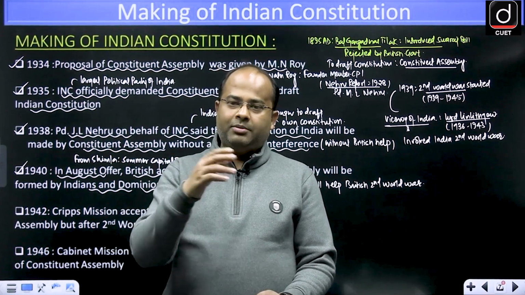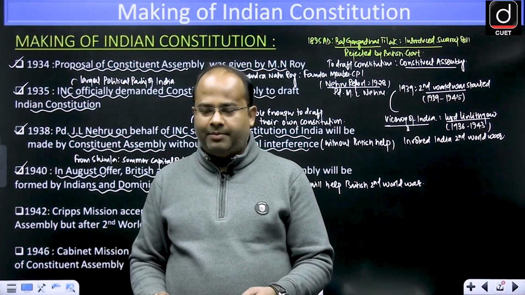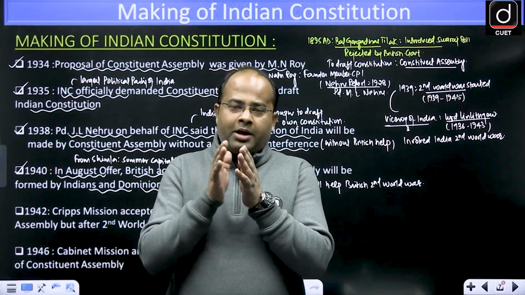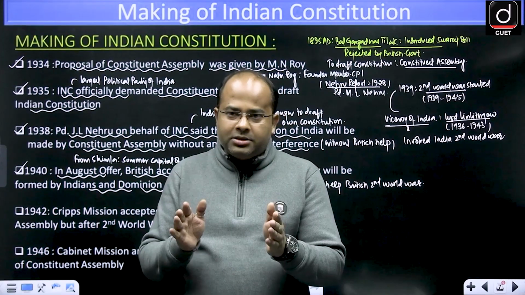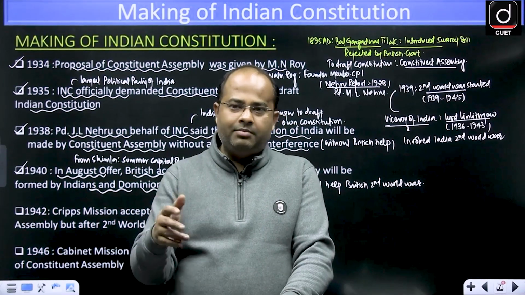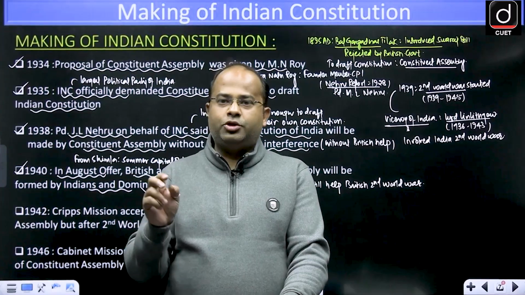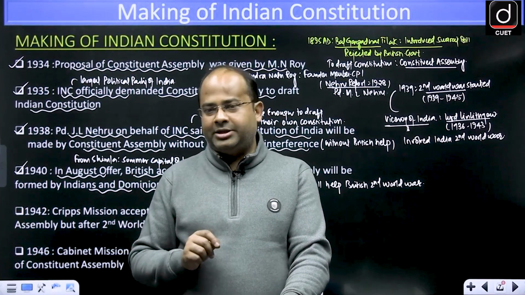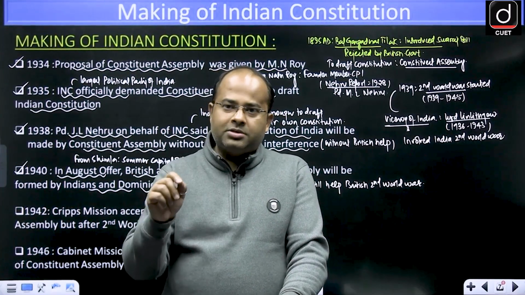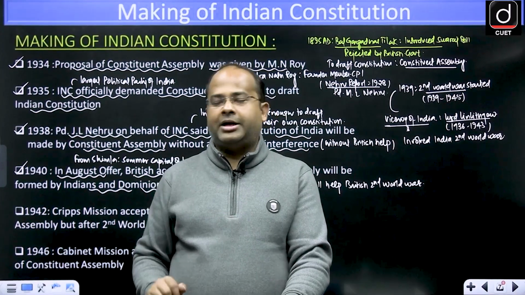Lord Linlithgow, from Shimla, the summer capital of India, said that if Indians want their Constituent Assembly to be created and want dominion status, the Indians will have to help the British in the Second World War.